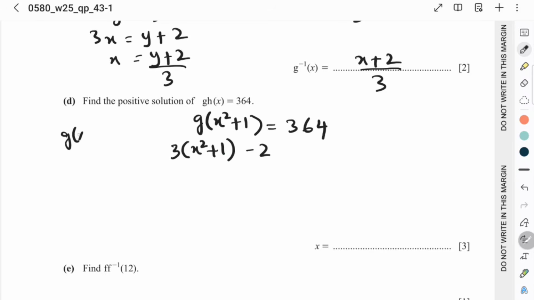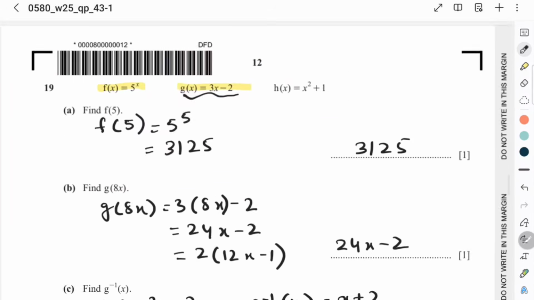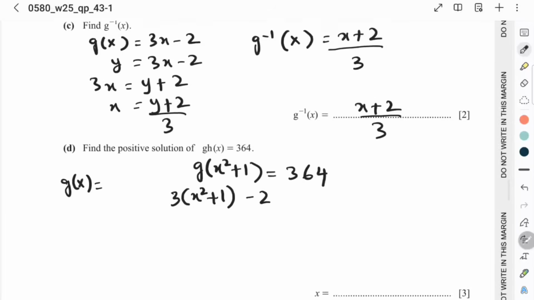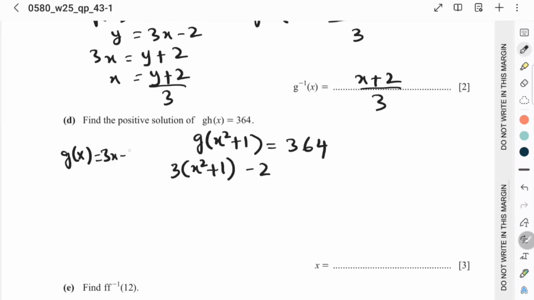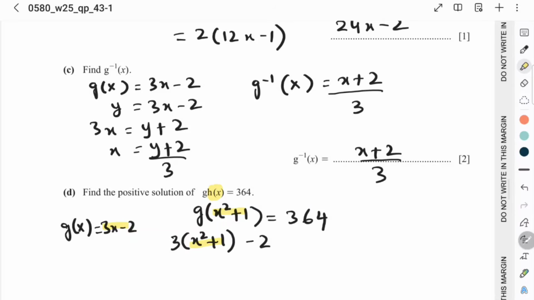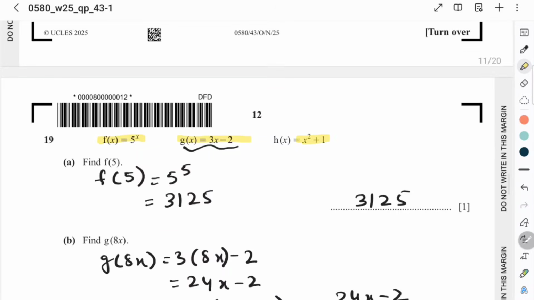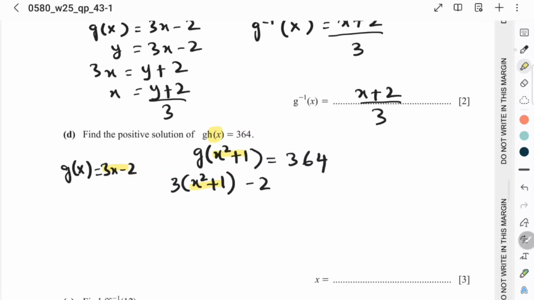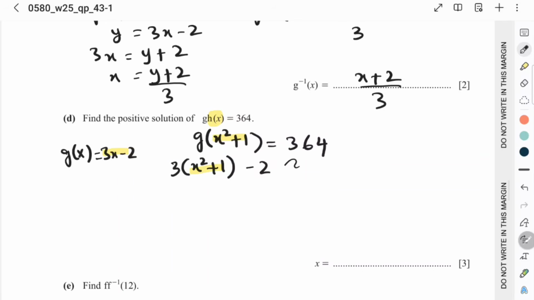Actually, g of x is equal to 3x minus 2, so I'm just replacing x with x square plus 1, because h(x) is x square plus 1. That's why.